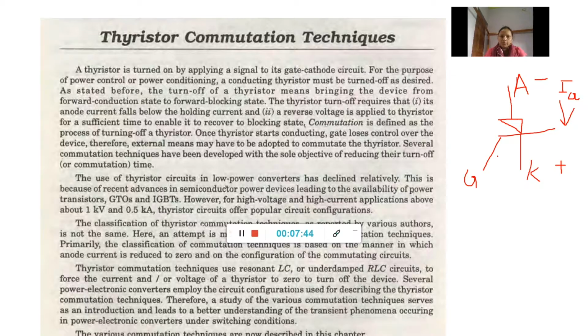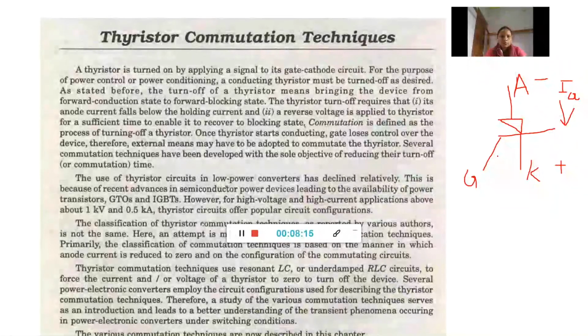So the use of thyristor circuits in low power converters has declined relatively. This is because of the recent advancement of semiconductor devices. The use of thyristor circuits in low power converters has reduced day by day because there is advancement in power semiconductor devices day by day.